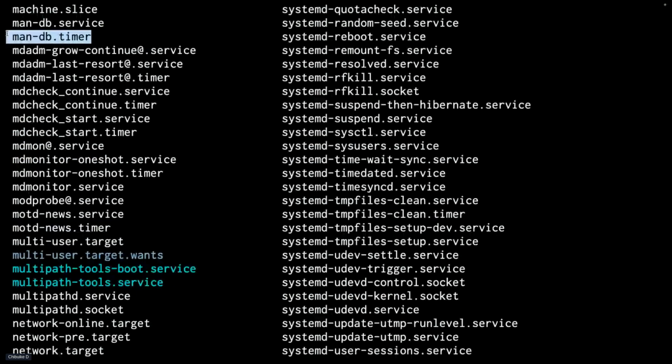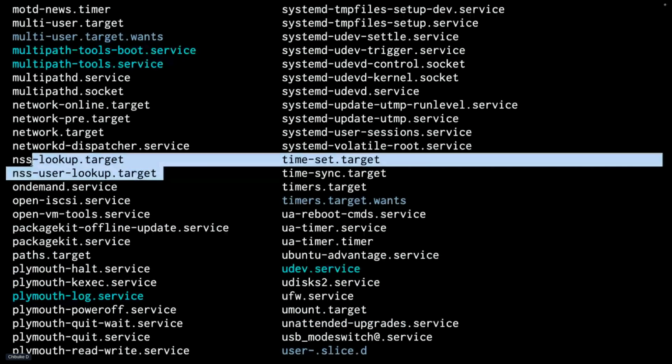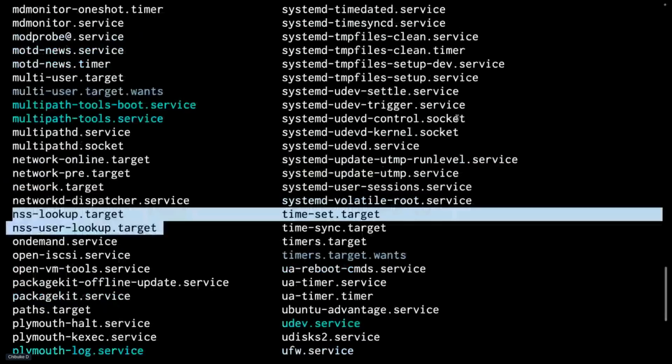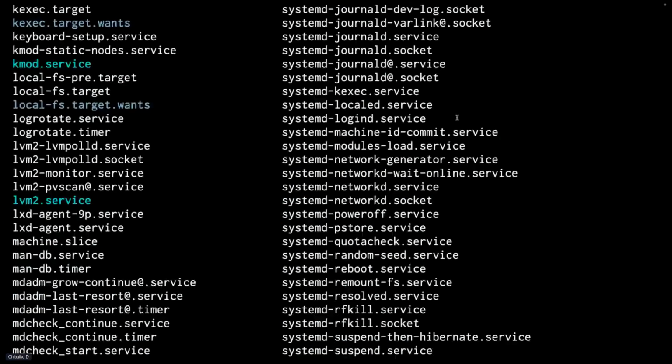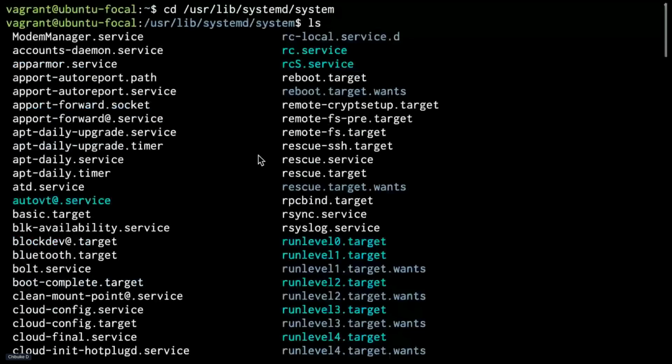The timer units, the slice units, the service units, the target units, the socket units. These are all different systemctl units, and you can see that they are all located here. You can have access to these in the library files. So this is the lib systemd system directory for our systems.